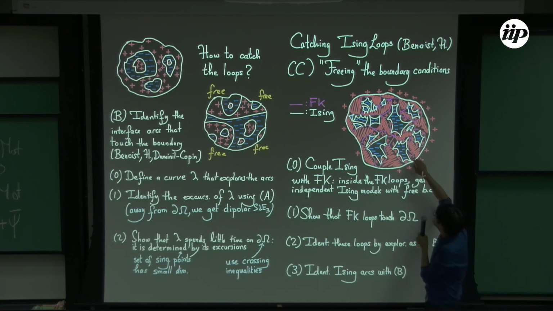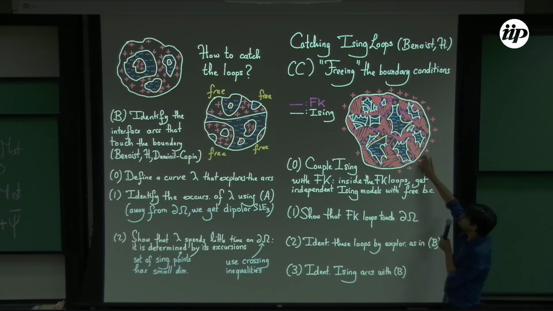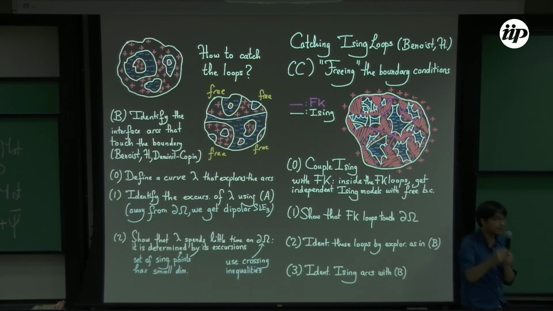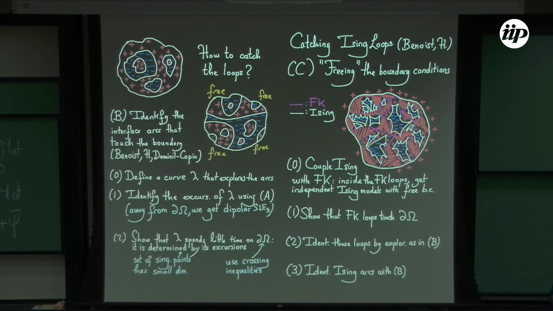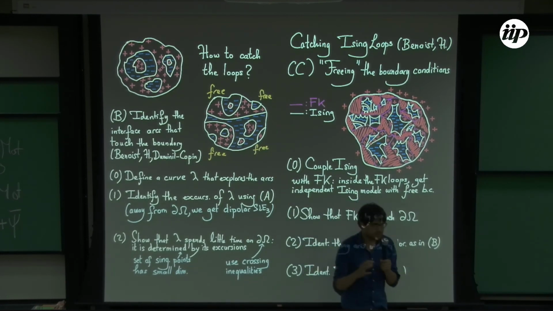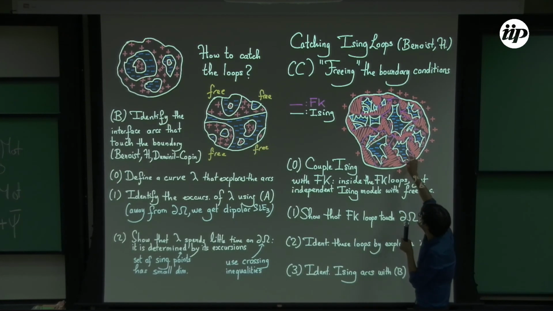Now the thing is that the FK Ising model and the Ising model are intimately coupled to each other. And if you know the outermost FK loops associated with an Ising model with plus boundary conditions, you also know that the Ising model inside the FK loops is an Ising model with free boundary conditions. So we were able to basically find these a priori invisible loops.